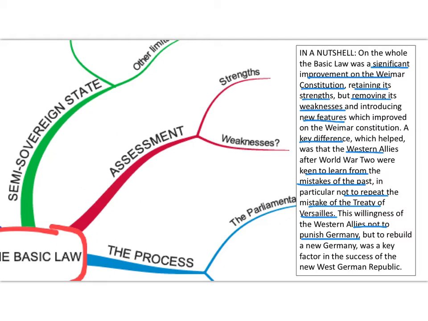The British, the French and the Americans on one side fell out with Stalin over the reparations issue, and that's why West Germany was formed. So that willingness not to punish Germany was a key factor in why the new West German Republic was so successful.